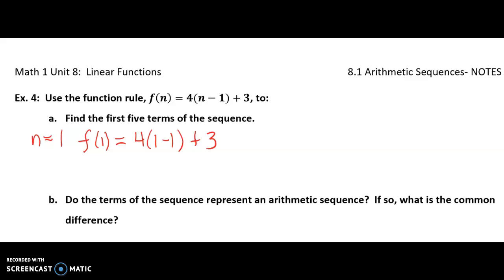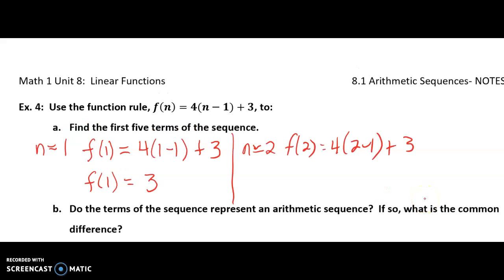Again, we are using function notation. And when we simplify the right side, we get 3. So the first term in the sequence is 3. To find the second term in the sequence, we're going to plug 2 in for n.